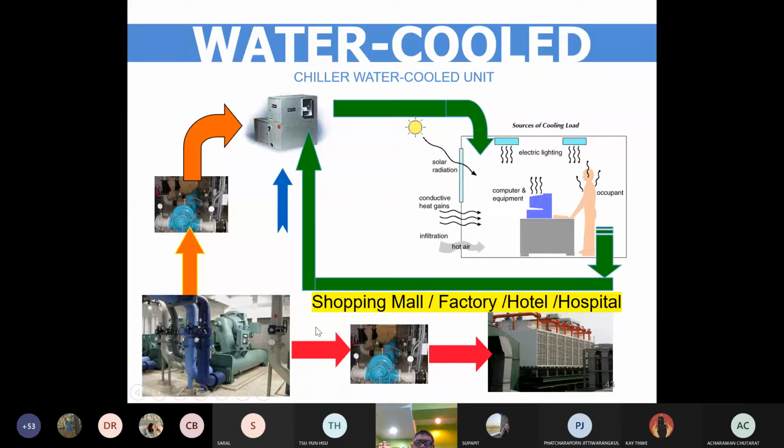So when the owner would like to invest, they will consider this a lot, because if the size of the building is not that big, let's say a hotel, for water cooled you have to have like 300 or 400 rooms and over, then it's justified to use a water cooled system in the building.